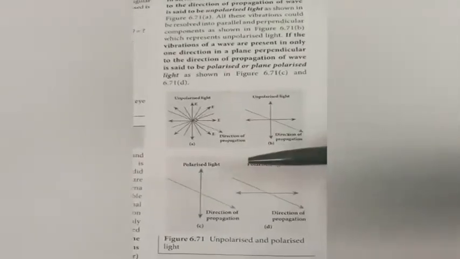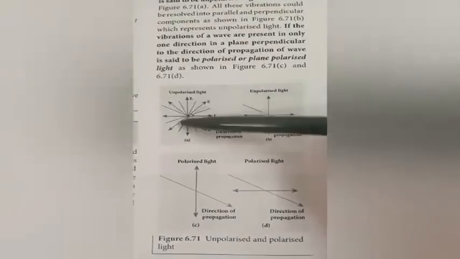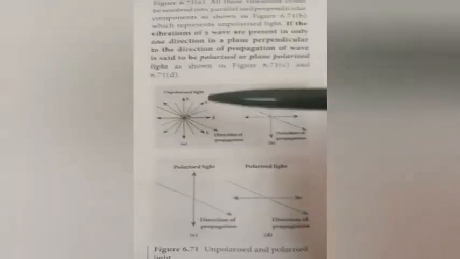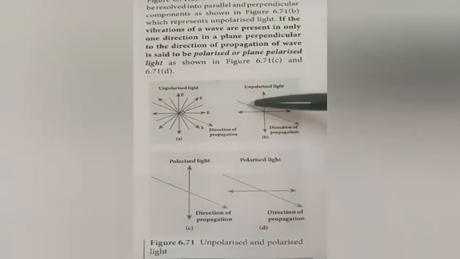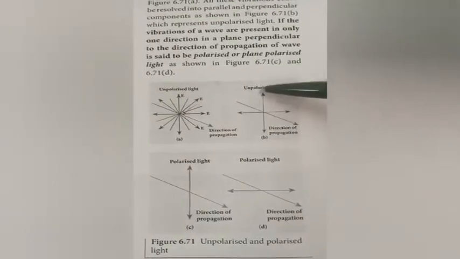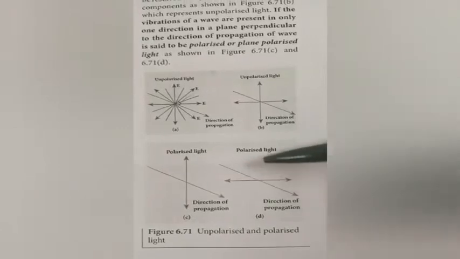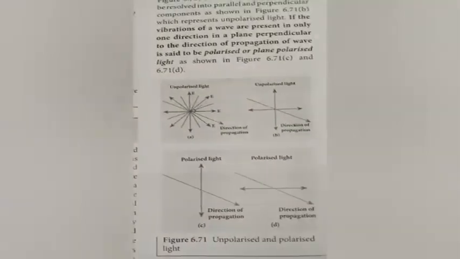This is one example of polarization. Unpolarized light can vibrate in all directions, and the direction of propagation forms perpendicular lines. A polarized light can pass through in a single axis of direction.